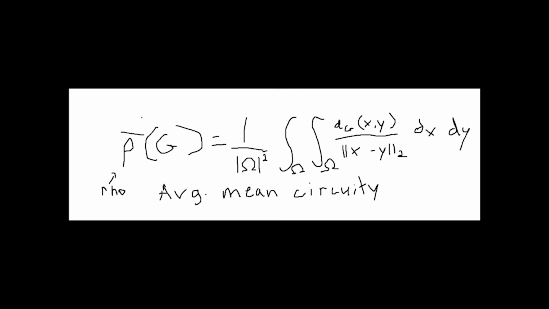But yes, this is just a simple double volume integral. It takes every single point as a potential origin, and then every single potential destination, which is why it's a double integral. And then you have to normalize it because you're taking a volume integral. It's not actually volume. It's a little abstract, but it's two domains that are representing space.